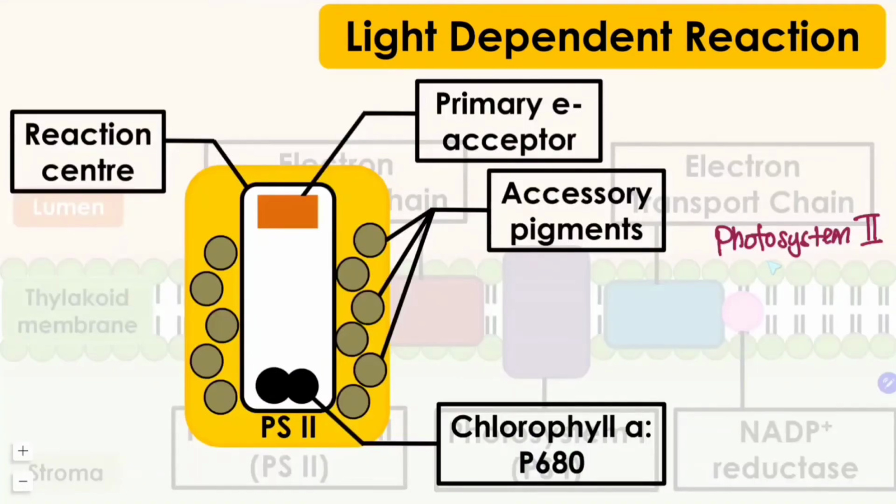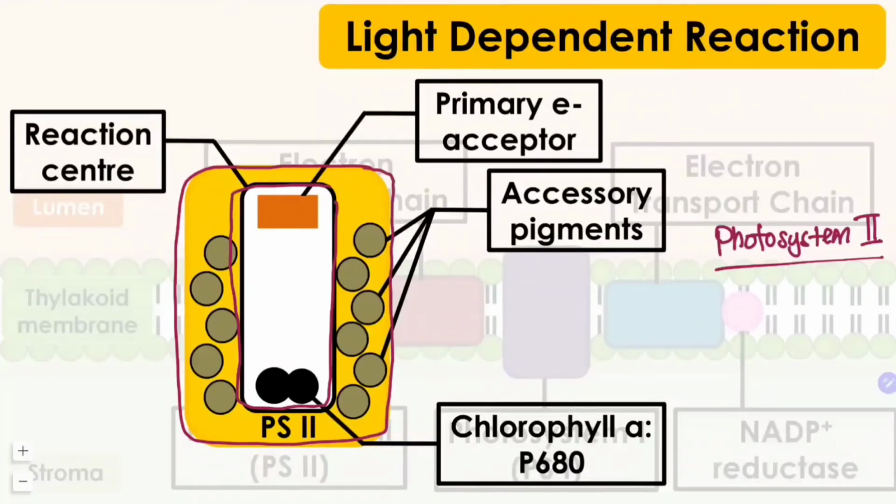First, we look at the structure of photosystem 2 or PS2. The PS2 can be divided into two main components. The first one is the reaction center. So this is the reaction center. The second component is the light harvesting complex. So the yellow structure is the light harvesting complex. Inside the reaction center, there are two main components.